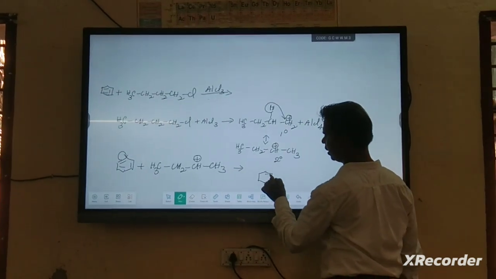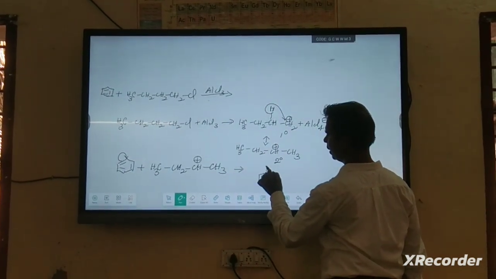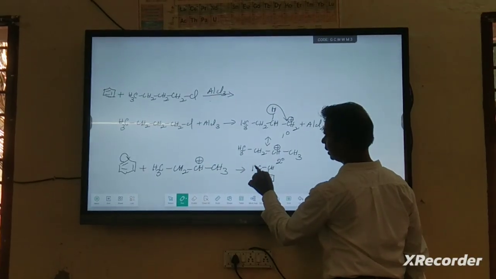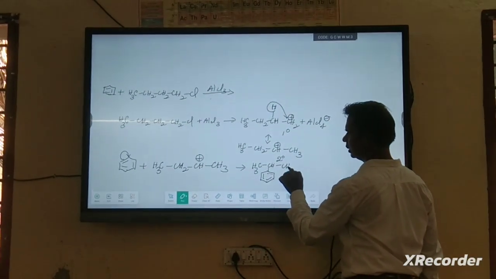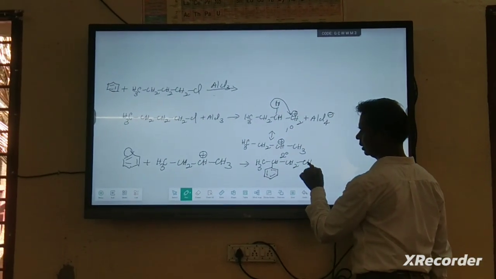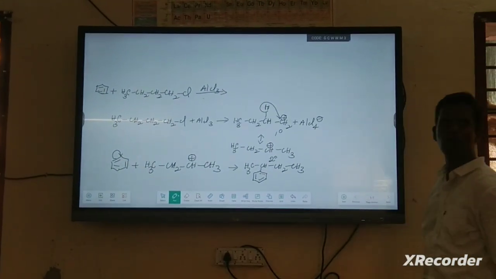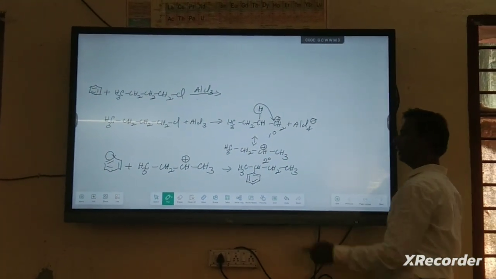What is the product it forms here? CH3 CH2 CH CH3 on the benzene ring. What is the name of this? Secondary butyl benzene.